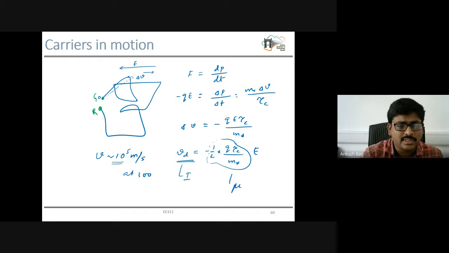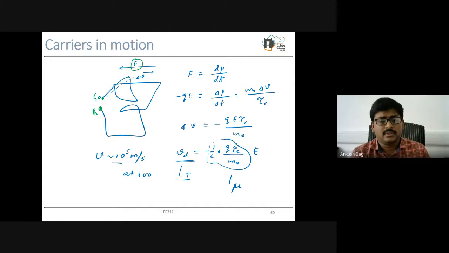From here it was 0, that directed component. Remember, there is a random component, but now there is also a directed component, because we are applying the electric field. So there are two concepts, don't get confused. One is the random part of the carriers' motion, and the other is the directed component, because now we are applying an electric field and we get current.